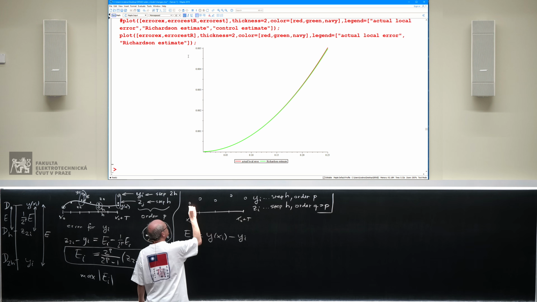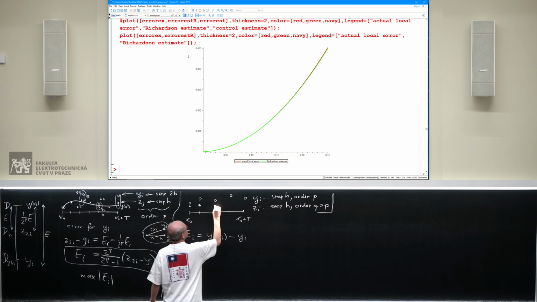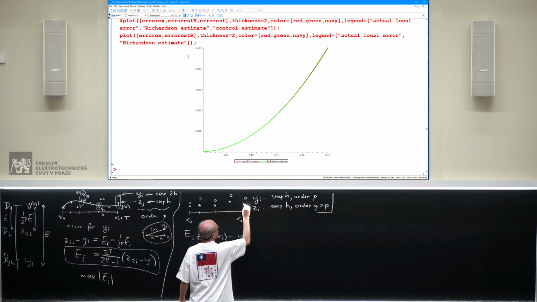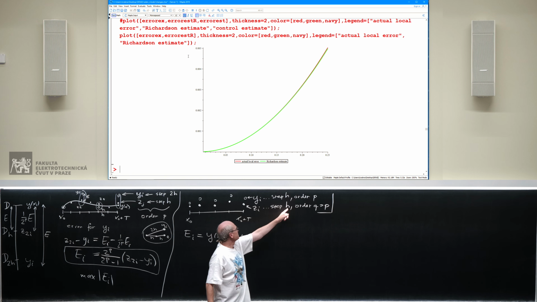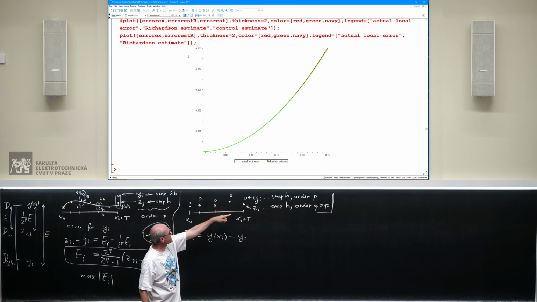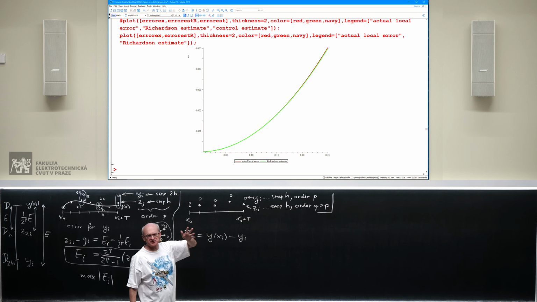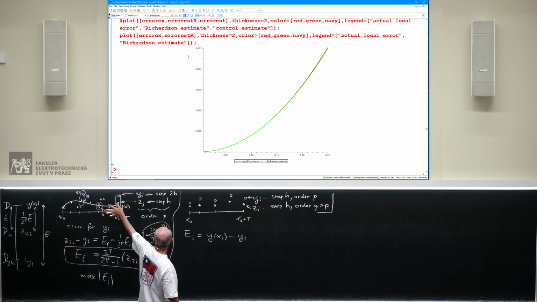And I get new approximations called zi. Because I'm using the same step, these approximations, yi's and zi's, actually share locations. So I have pairs everywhere. This is the first advantage of this approach. I don't have to worry about things like that.